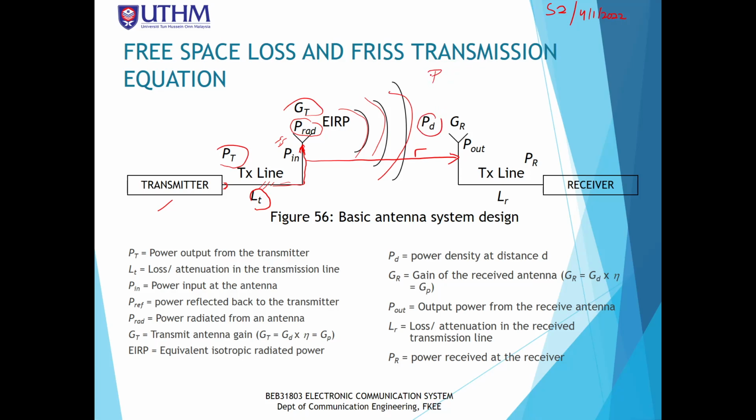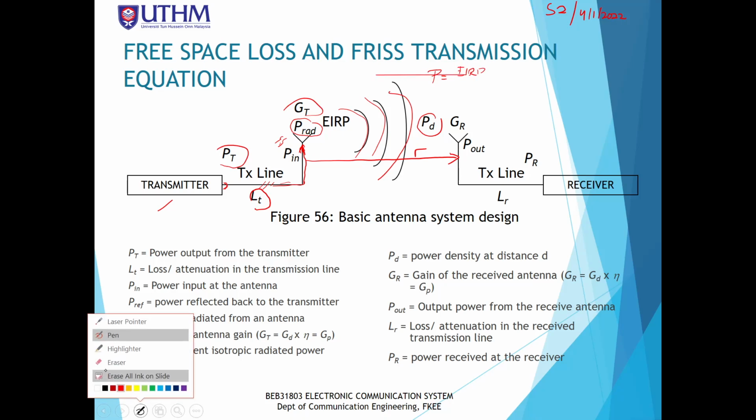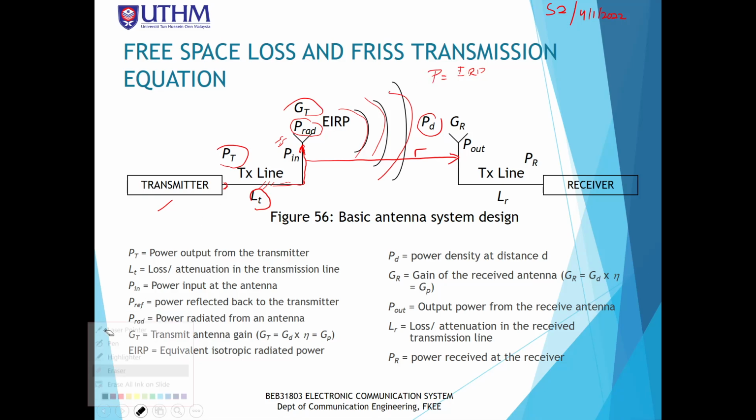Power density is equal to EIRP divided by 4 pi r squared, the surface area of a sphere. And EIRP is the power radiation multiplied by the directivity gain, or you can say it is P input multiplied by GT.